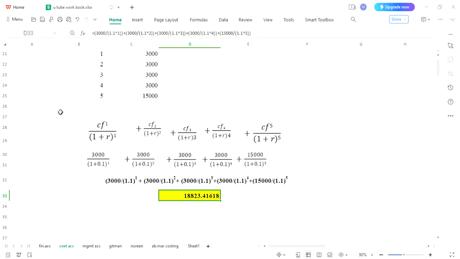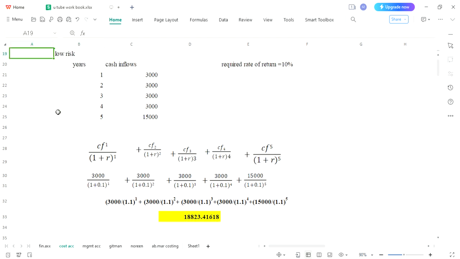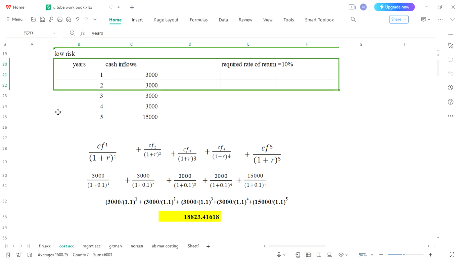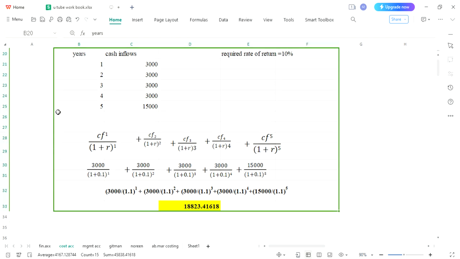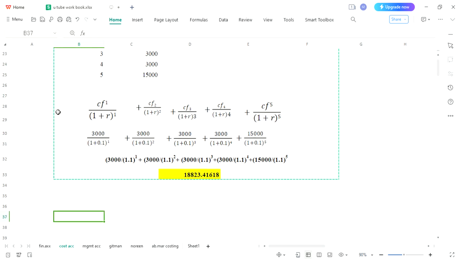For the second part, we do not need to write it again and again. Everything is already present. We will take all these headings present over here. We'll copy them, and for the B part, you will be posting it over here.